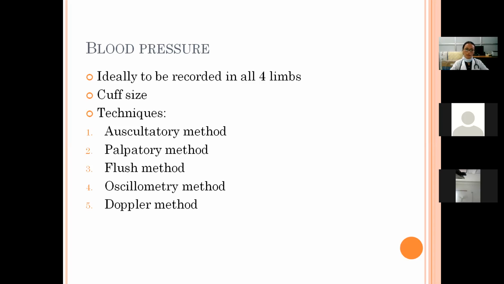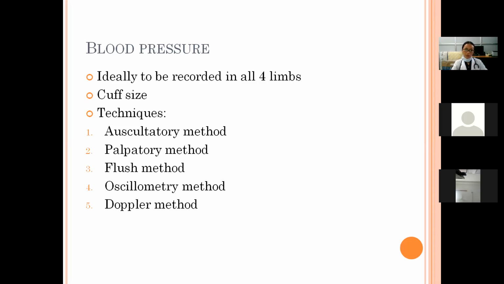And then the palpatory method can be used when you don't have a stethoscope, or when you're in a hurry. By the palpatory method, you can only obtain the systolic blood pressure. You cannot obtain the diastolic blood pressure.